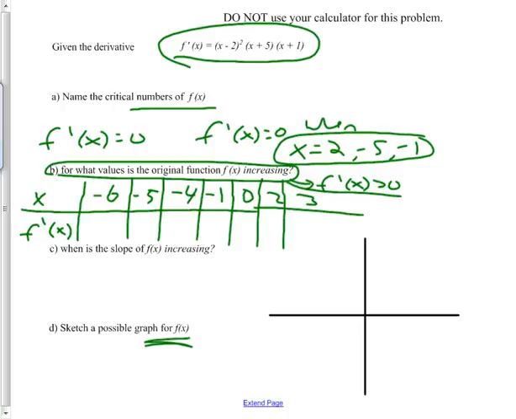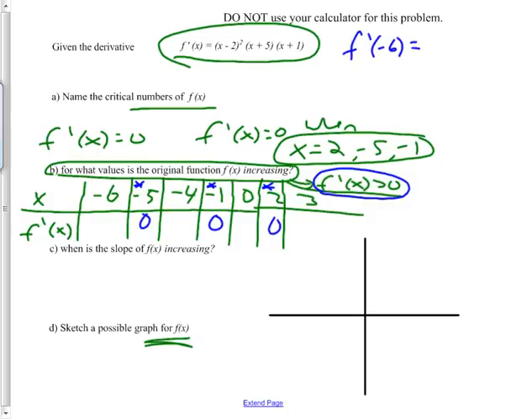Well, okay, so starting out, we know that for these points, my derivative function is 0. So we know it's not increasing. Now let's look at when x equals -6. So f prime of -6 equals, and all we care about is whether our derivative function is greater than 0.